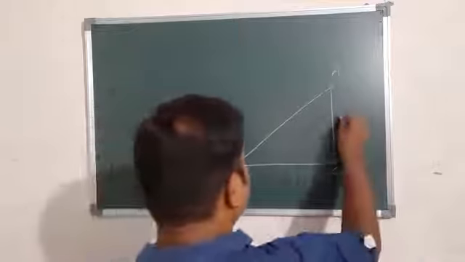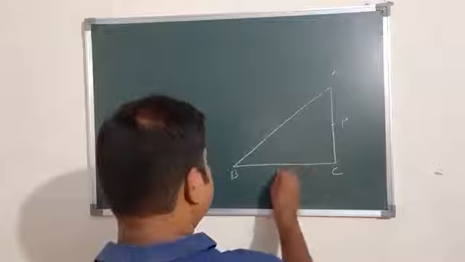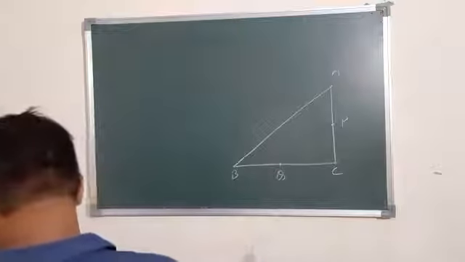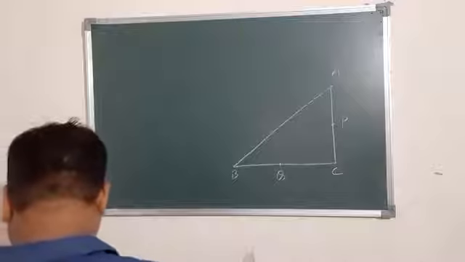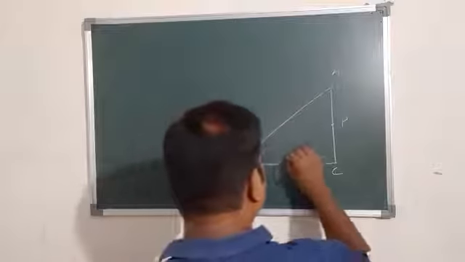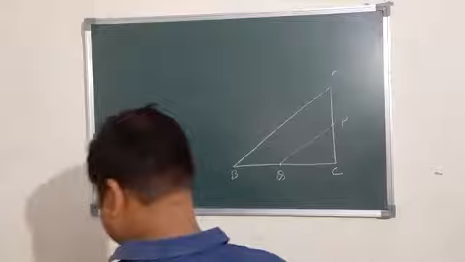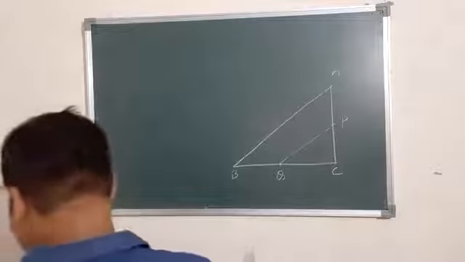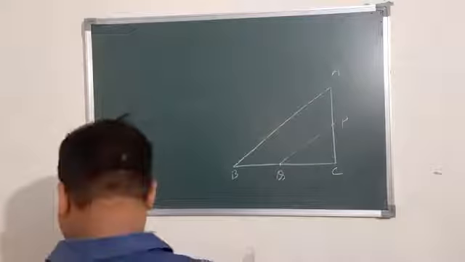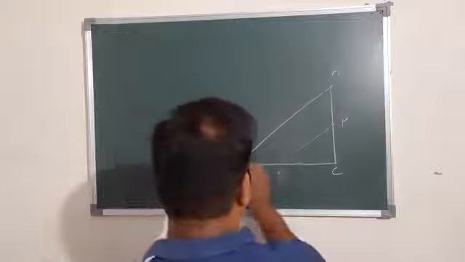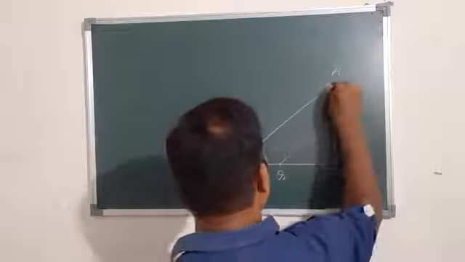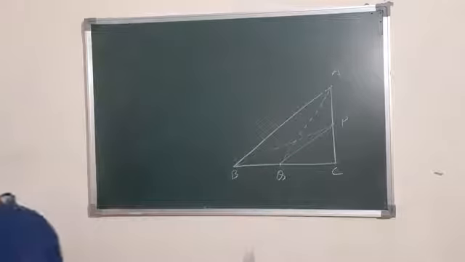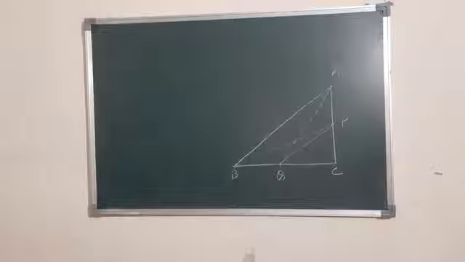So CA is this, P, and CB is this, Q. So we just join it, and also join PB and QA. Why? Because we need to find PB square and AQ square.